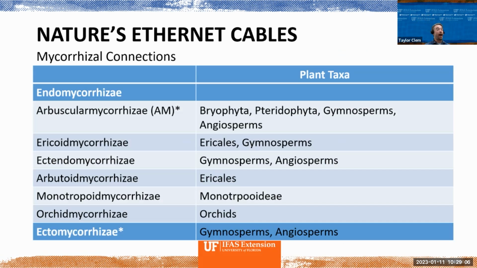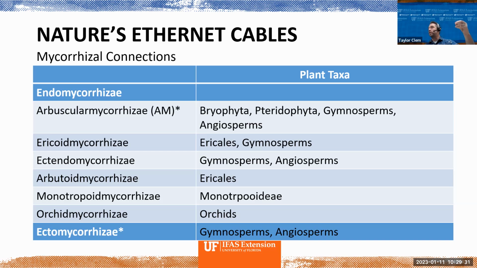There are so many different types of connections that the fungi form with plants, but those connections can only exist with specific plant families. So we classify it into two major classifications: endomycorrhizae and ectomycorrhizae. Endo, think about inside.